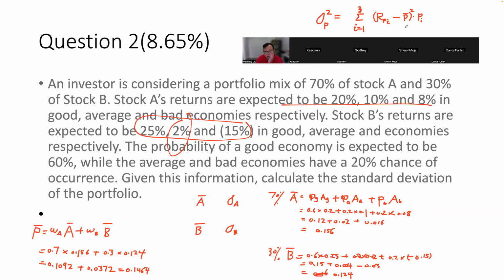The expected return of the portfolio is 0.1464, right? And for each state you need the actual portfolio return. How do you know that? Can anyone tell me what the portfolio return would be in a good economy?